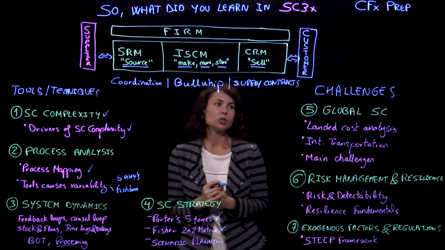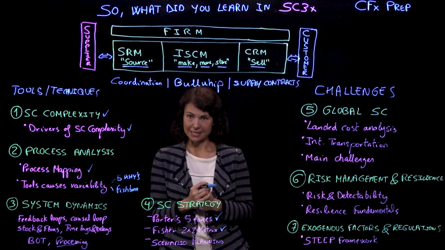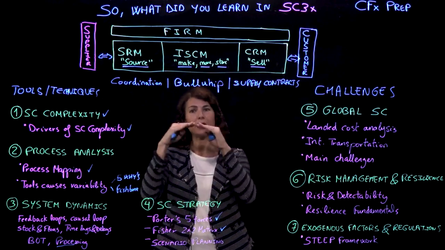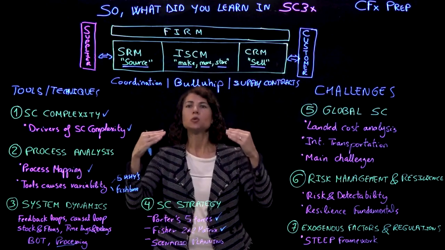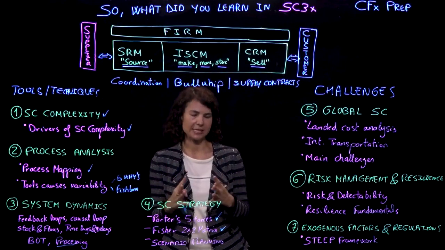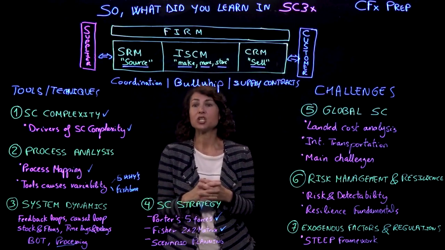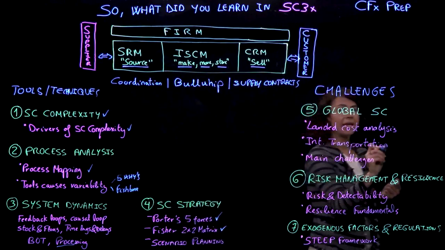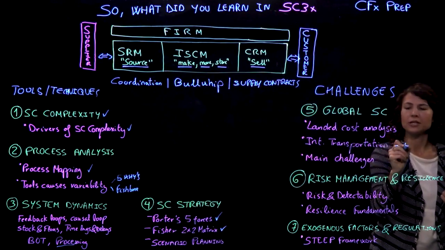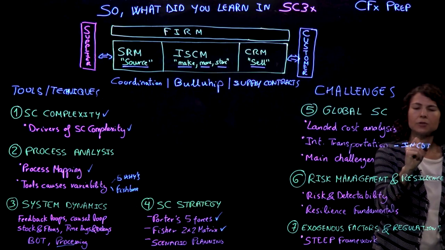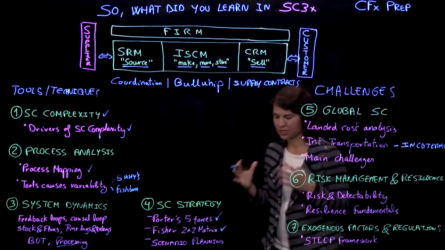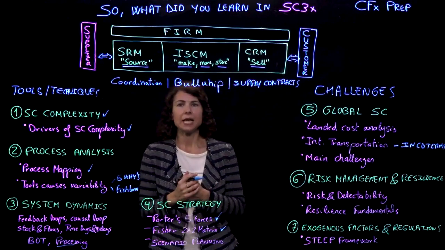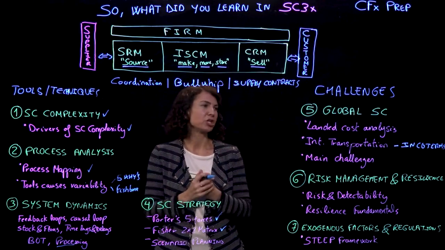I encourage you to review the landed cost analysis and understand each part of this formula and review the process of how to calculate this landed cost analysis. We also review international transportation and the well-known Incoterms. These are the International Chamber of Commerce terms that companies are using in international trading.